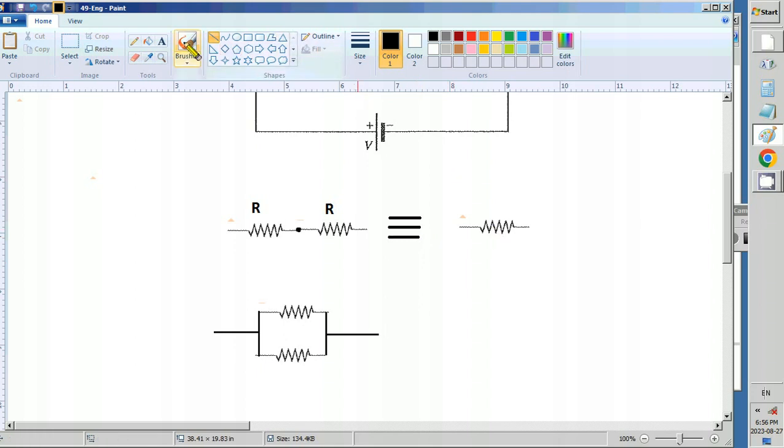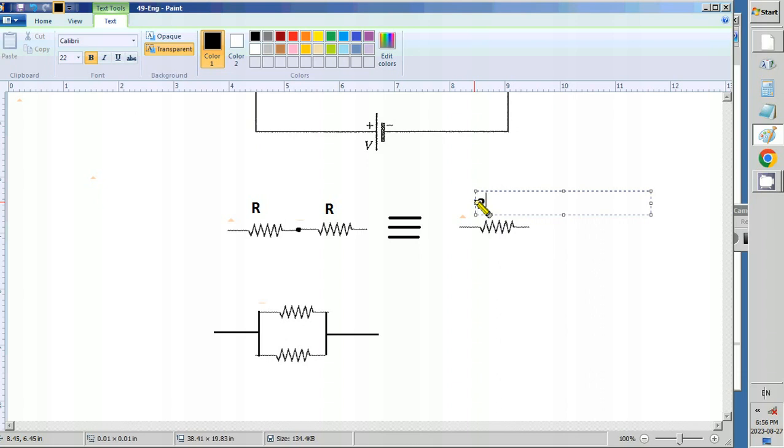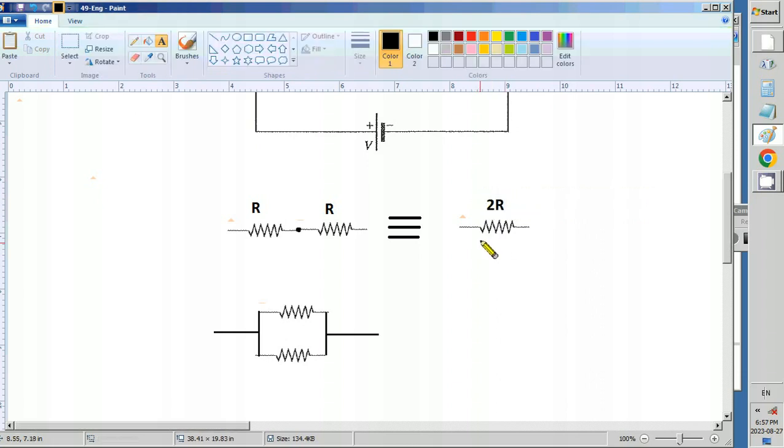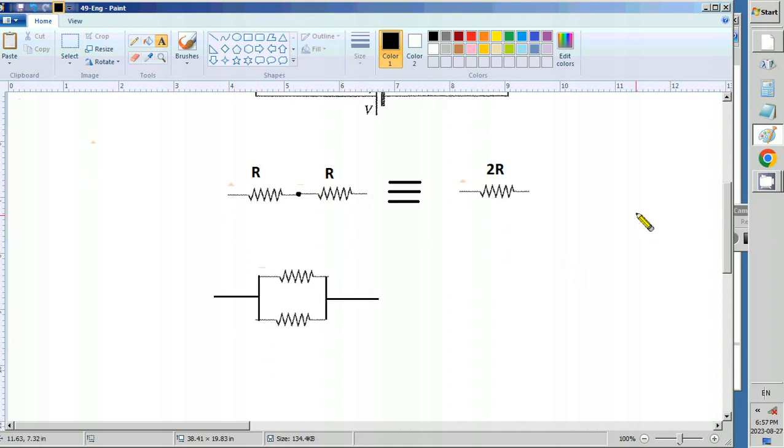The value of that is equal to 2 times R. If we replace a single resistor instead of these two resistors in series, the value should be 2R.